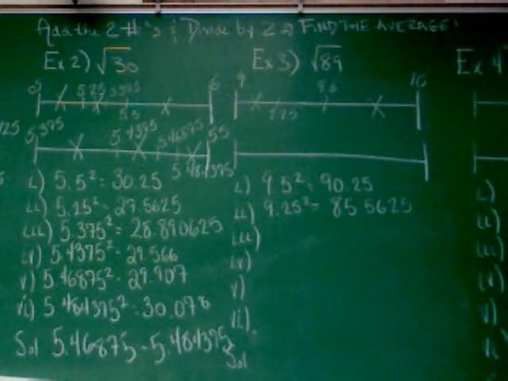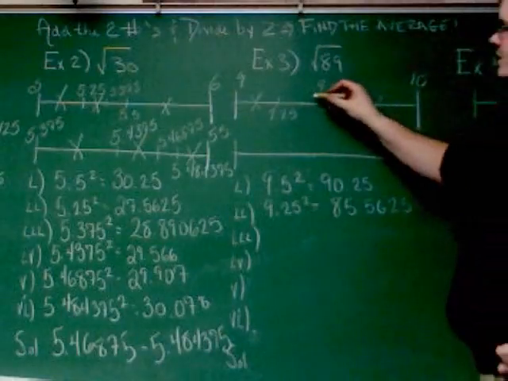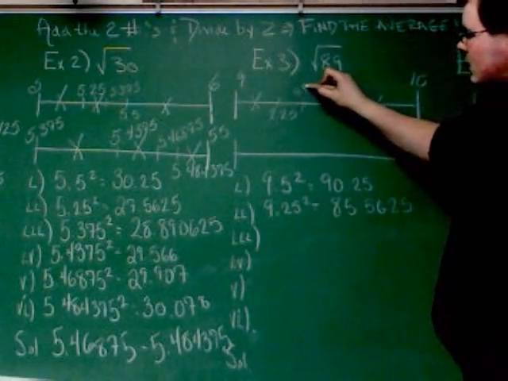Now I'm in the range between 9.25 and 9.5. Again, you can add them up and divide by 2 if you want, or use the half table. Halfway between those two is 9.375.